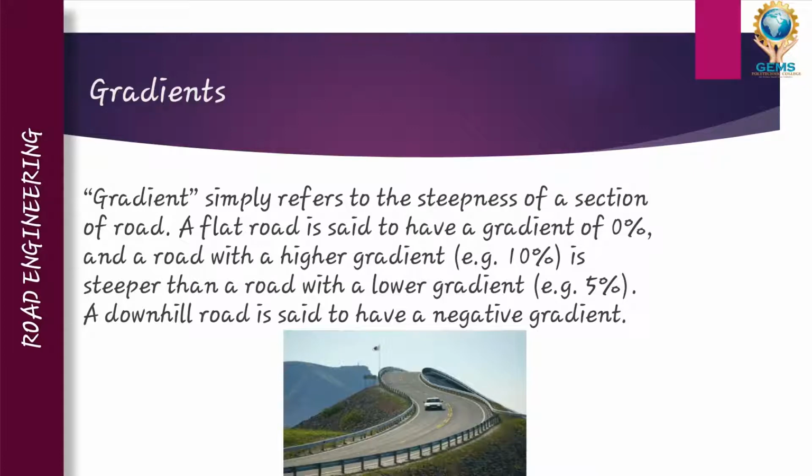As you can see in this image, the car going through this road has a high gradient as well as rise and fall in the gradient. This image shows how the gradient will be. The gradient goes like this. It is the rise and fall of a road that is called gradient.